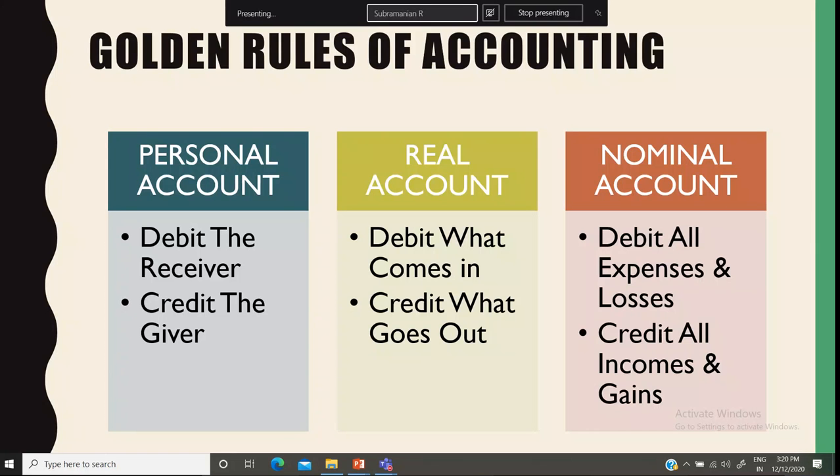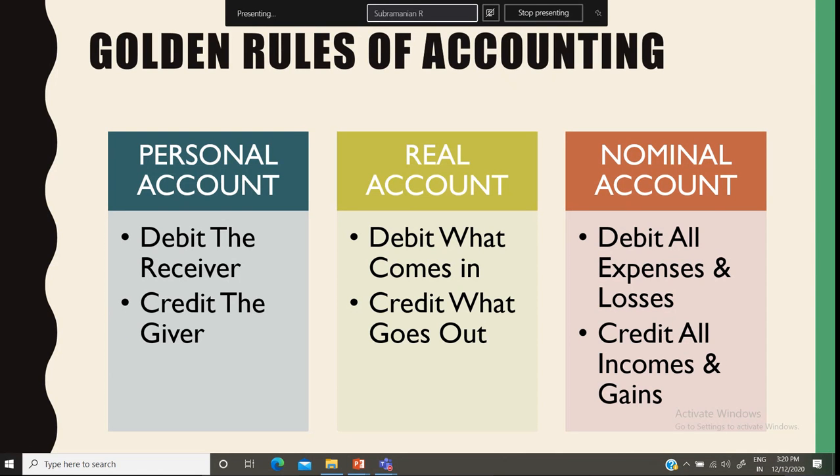If you are going to receive rent or commission, then you cannot debit the commission account because it is an income. Income means you have to credit. If you are receiving interest, discount or commission, it comes under nominal account only, but you must be able to differentiate between debit and credit.